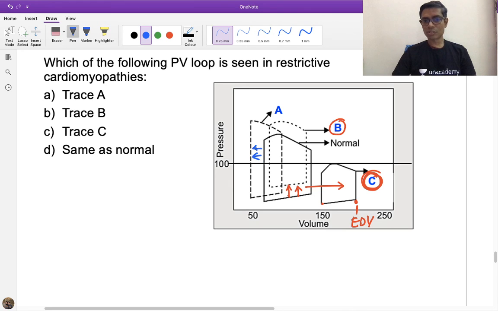Left direction. So this is the curve where the contractility is high and end diastolic volume decreases. Look at this point. So this curve A is hypertrophic cardiomyopathy, right?